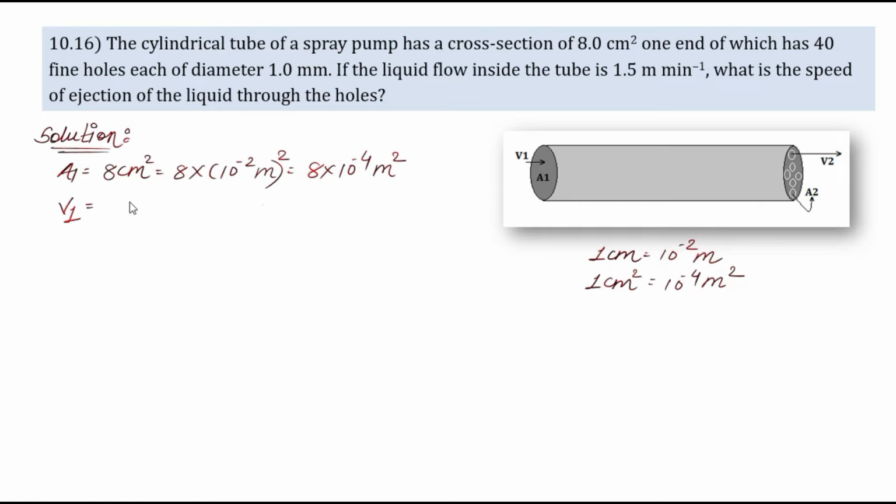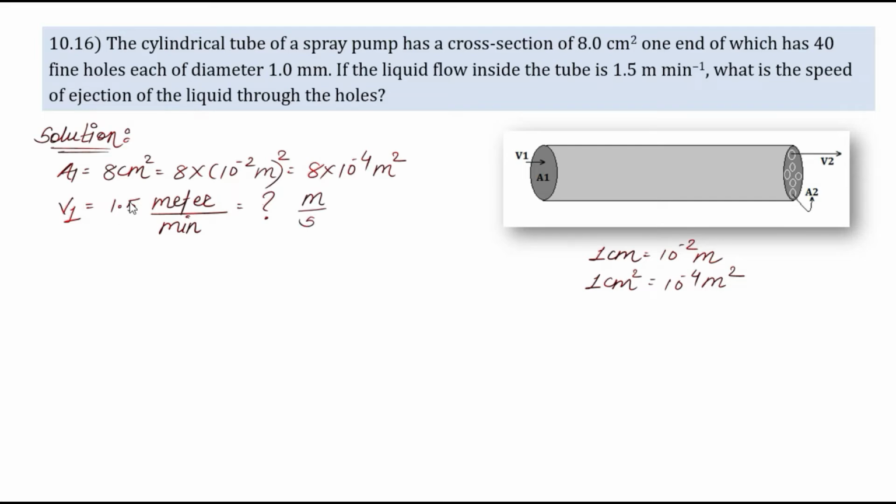So finally we have A1, that is 8 into 10 raised to minus 4 meter square, and V1 is 1.5 meter per minute. Now the SI unit of velocity is meter per second, so we need to convert this quantity into meter per second.